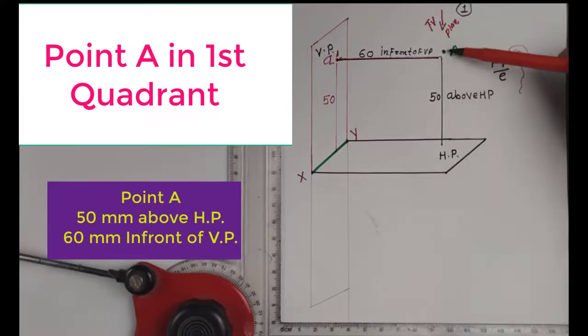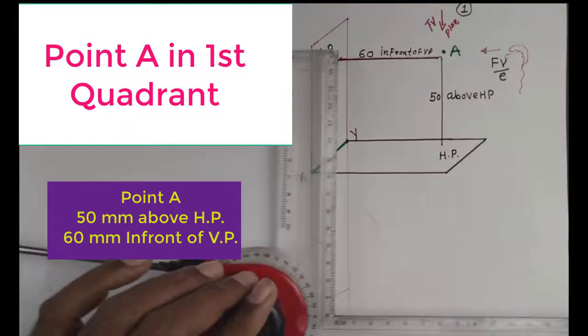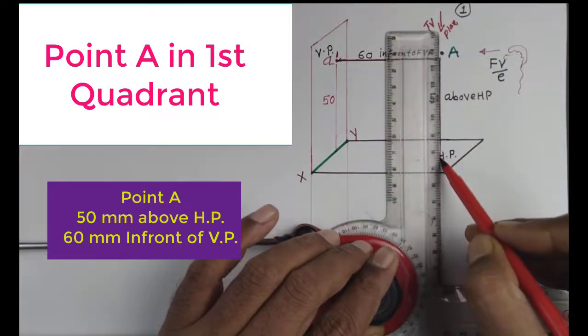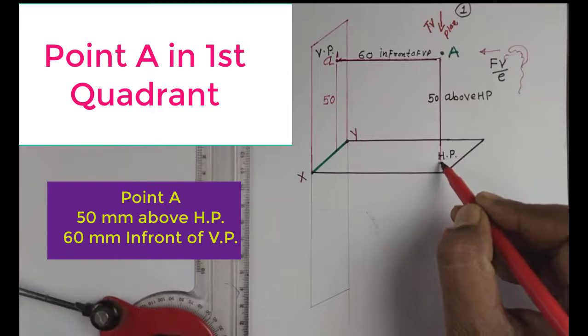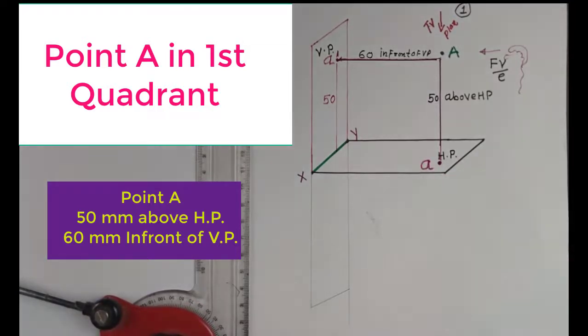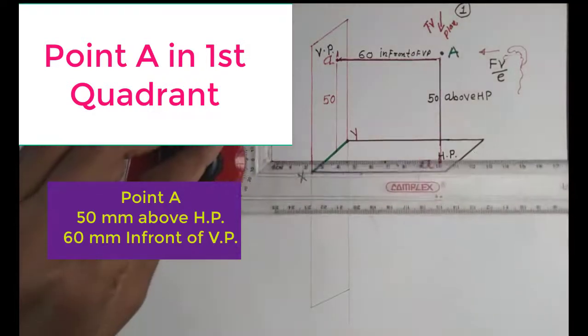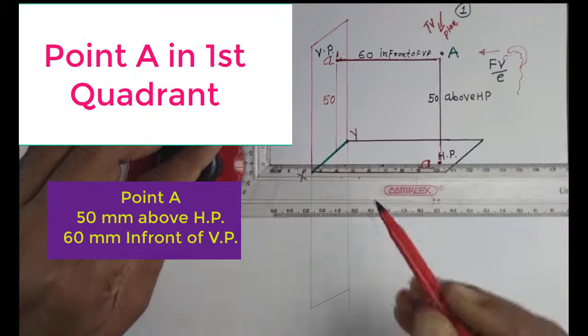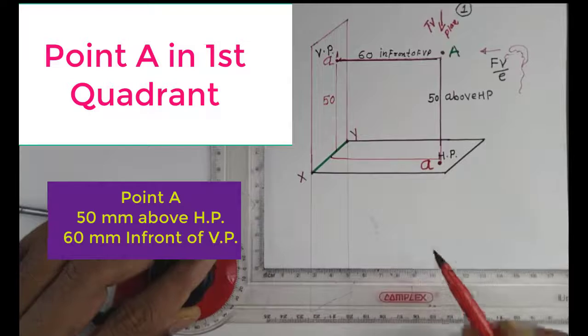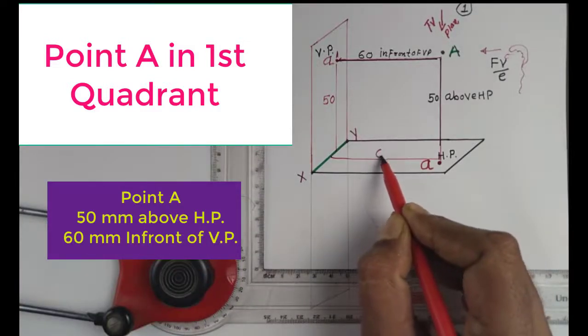The top view of the point A appears on the HP plane as the plan point A, and its distance from the XY line is 60 mm.